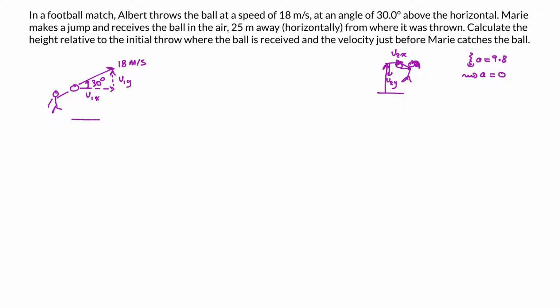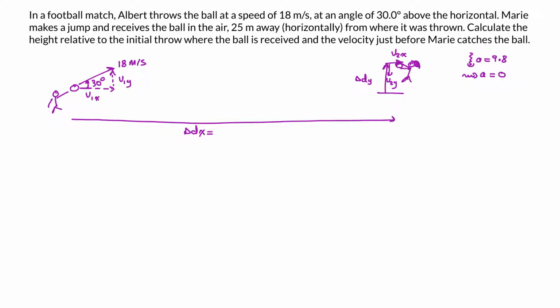Displacement in the x direction starts here and ends right here, and I'm going to use that as displacement in the x direction. And displacement in the y direction I have actually done already, and that's over here.